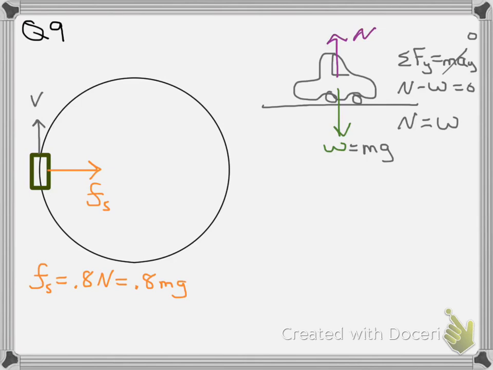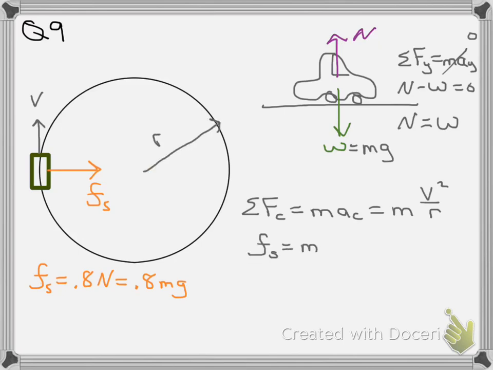So let's assume that the static friction force here is 0.8 times the normal force. If I apply Newton's second law of motion centripetally, I get that the centripetal force equals the mass of the car times the speed squared over the radius of the circle, or 0.8 times mg equals mv squared over r.